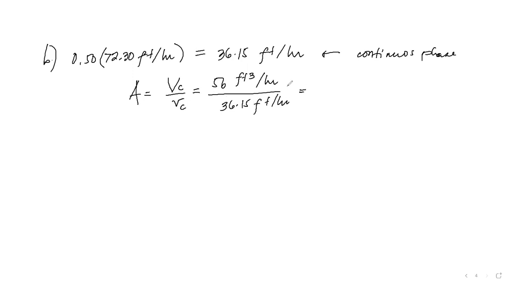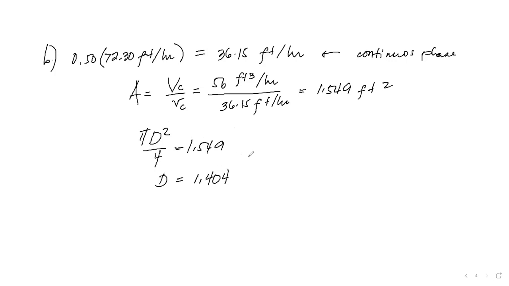This will give us an area of 1.549 square feet. Now we know that area is pi d squared over 4, and as such we equate this value to this set of parameters. So your diameter for the column will be 1.404 feet. So this is the diameter of your column.